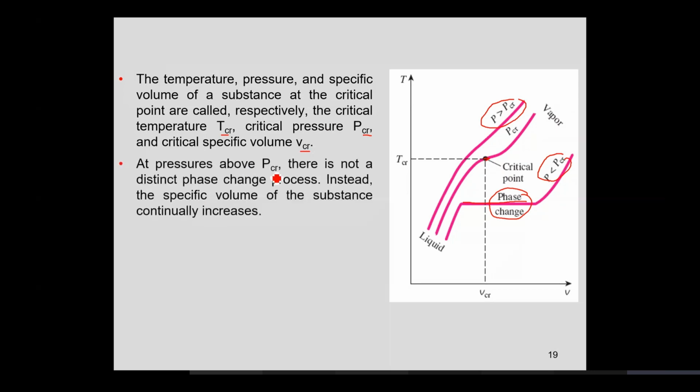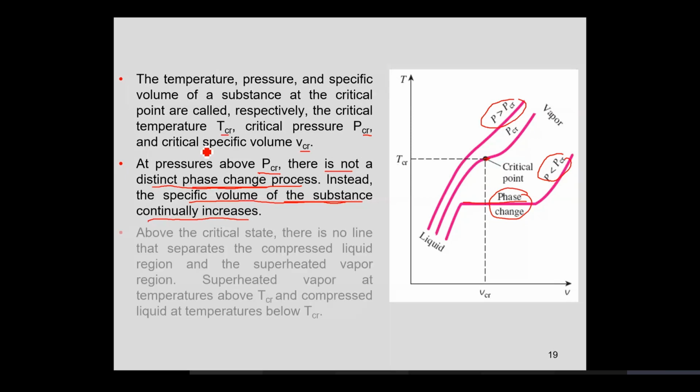At pressures above P critical, there is not a distinct phase change process taking place. Instead, the specific volume of the substance continues to increase indefinitely. Above the critical state, there is no line that separates the compressed liquid and superheated vapor region.